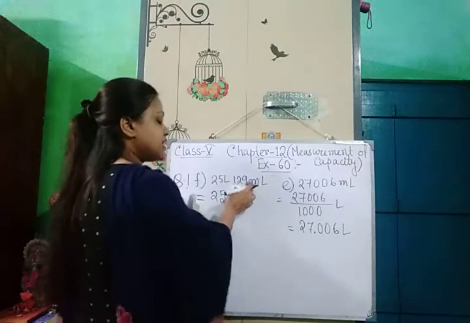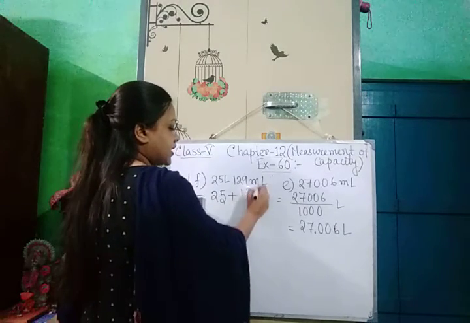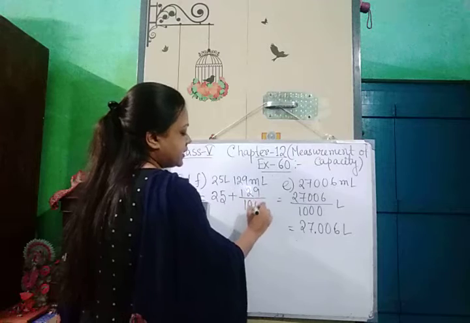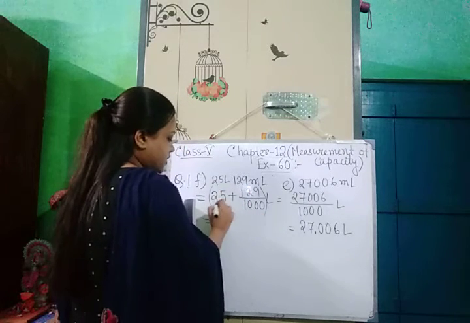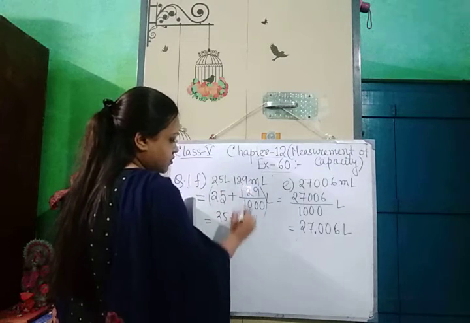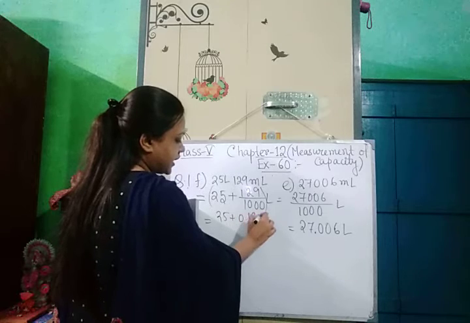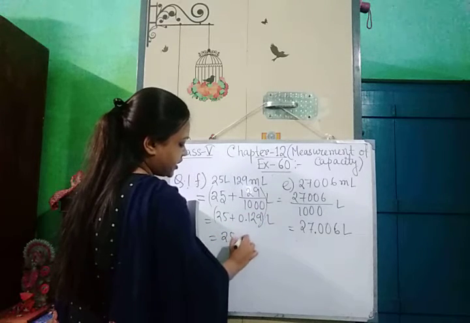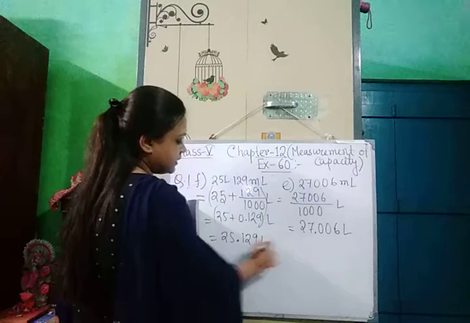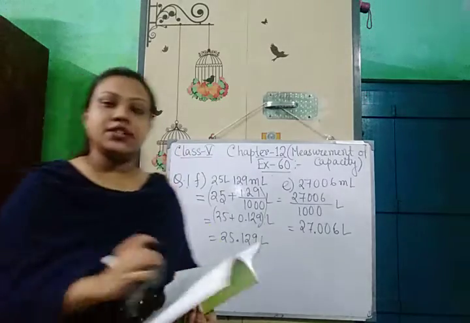We will convert this ml to liter. So how can we convert ml to liter? By dividing it by 1000. So it will be liter again. So it's 25 plus 0.129 liter. So it will be 25.129 liter. Okay, that is the required answer.